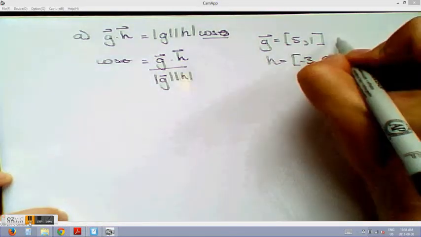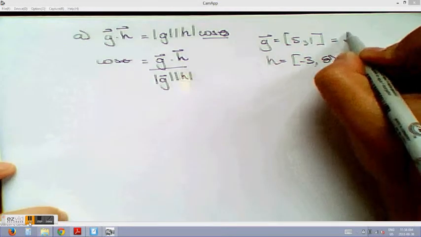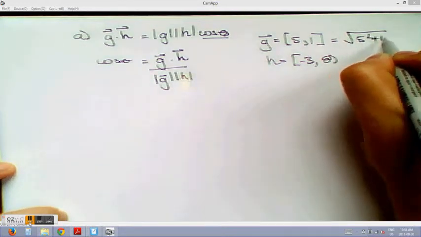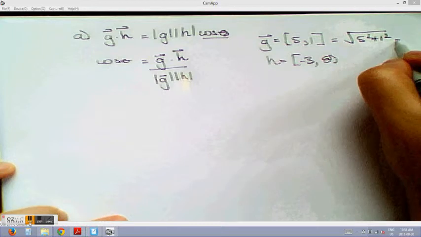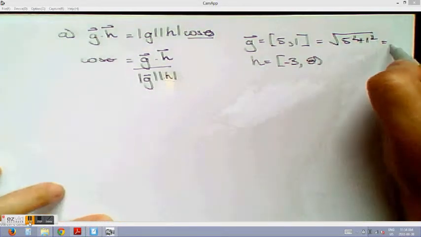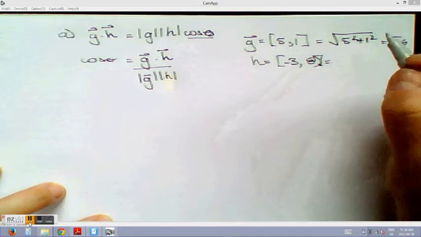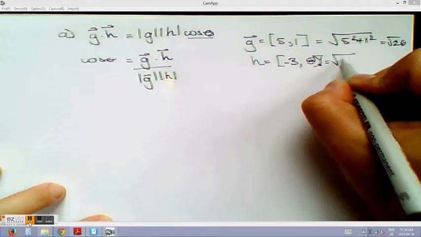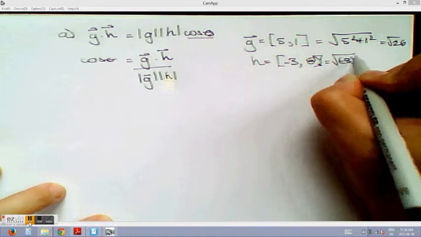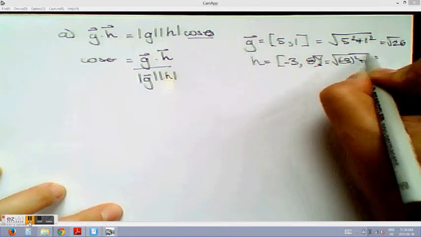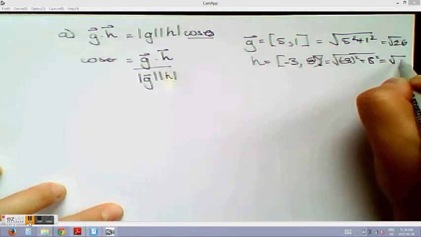Okay, so this is the magnitude of G: the square root of 5 squared plus 1 squared, which is the square root of 26. And here, the magnitude of H is the square root of (-3) squared plus 8 squared, which is equal to the square root of 73.